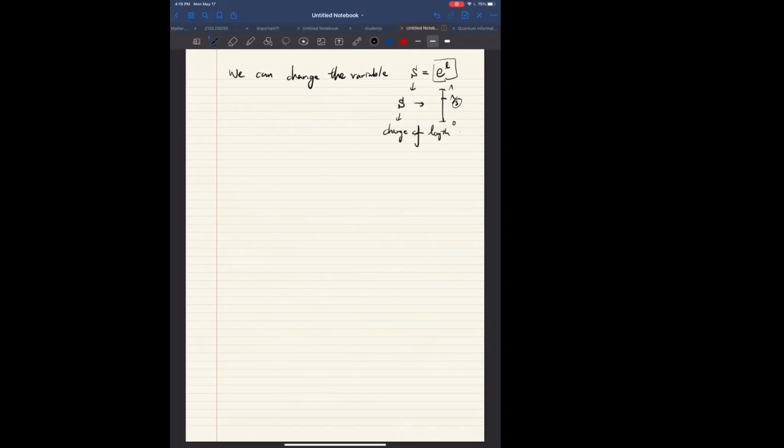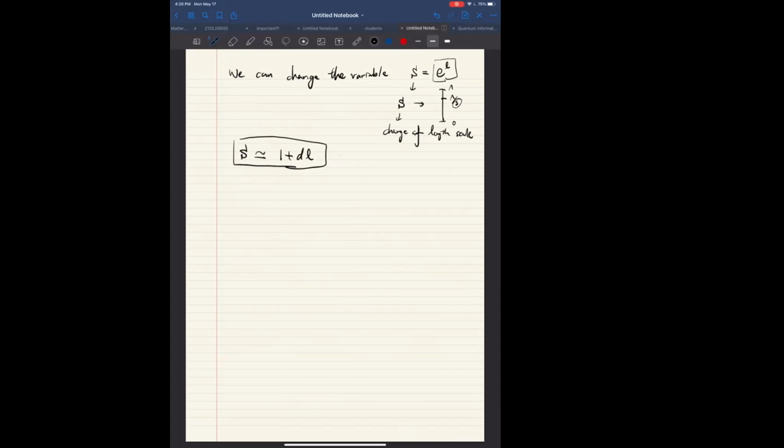We can expand in a small L, so that we do infinitesimal changes of rescaling the length. In such a way S will be very close to 1, so we expand it as 1 plus dl.